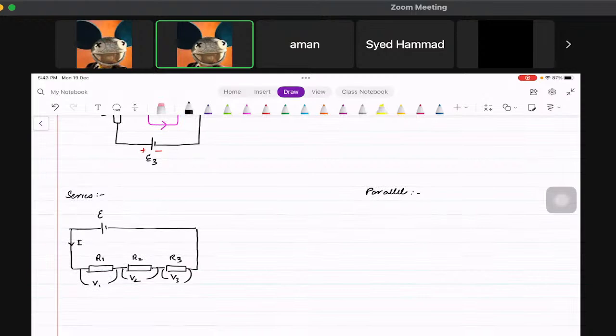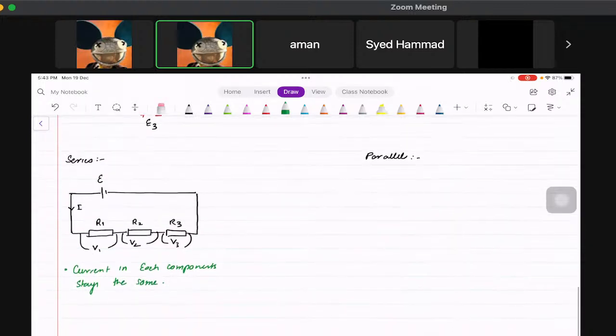So the idea about a series combination is that the current in each component stays the same. Whatever the current is in the circuit, it will go through all of them in equal quantity.